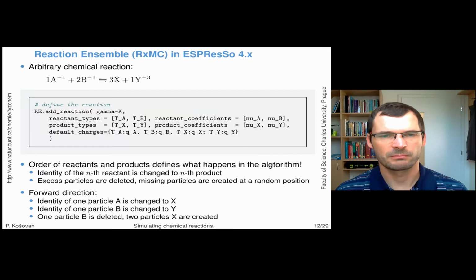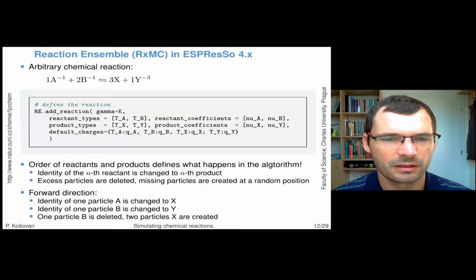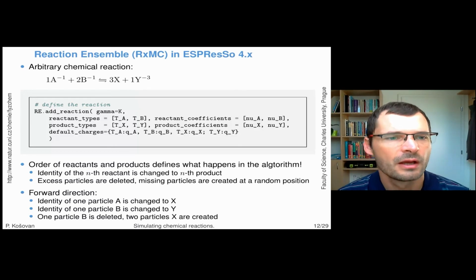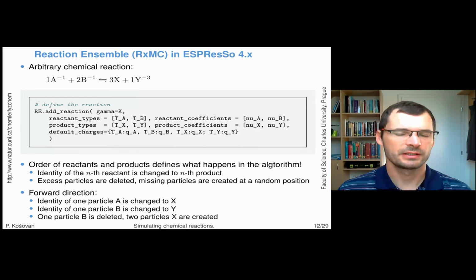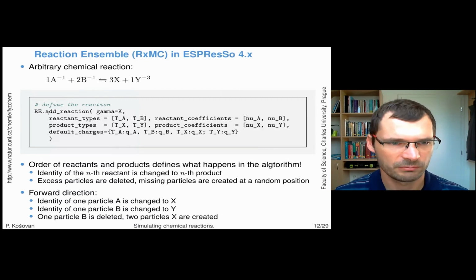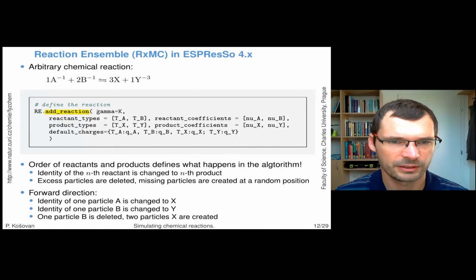You can look them up in the documentation if you want to optimize the efficiency of sampling of your reactions. Next, after initializing the reaction ensemble module, I define the actual chemical reaction. I can define multiple reactions if I like, but I show just one example here.